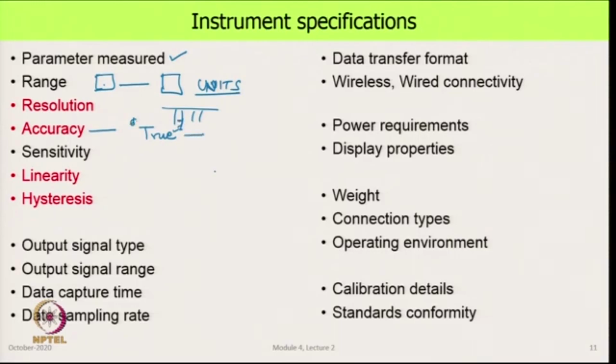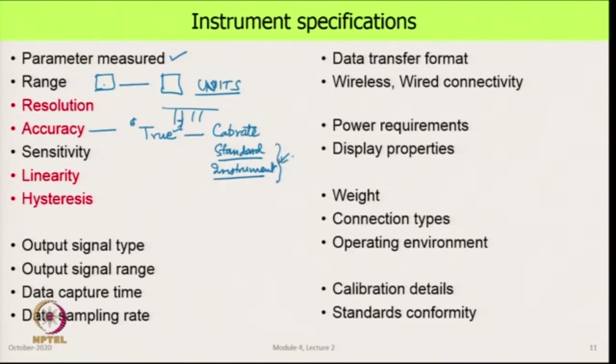So we have the next best thing to the true value, which is that you have calibrated with respect to a standard instrument. Simply that the standard instrument is far more accurate and close to the true value than anything else we have.